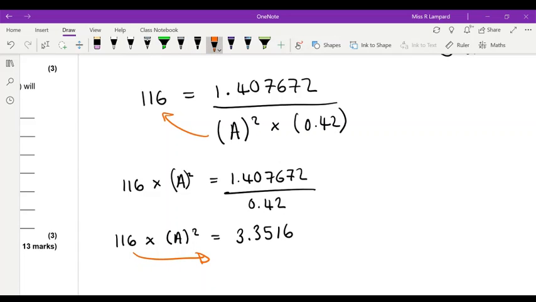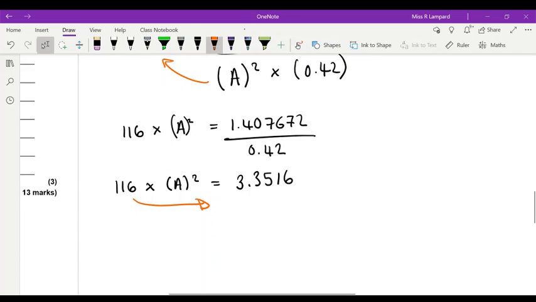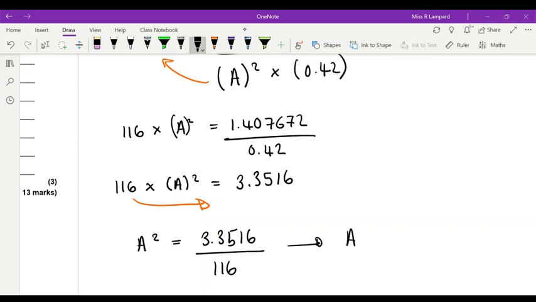Now, we can see how we can make A squared the subject of the equation by bringing 116 to divide here. So our next step would be A squared is equal to 3.3516 over 116. So we therefore must say that A, or the concentration of A, is equal to the square root, because we get rid of this square here, of 3.3516 divided by 116.